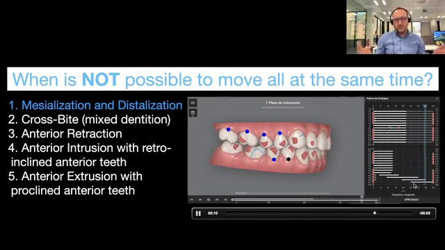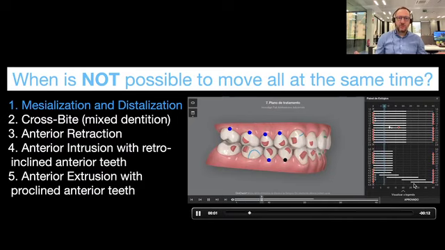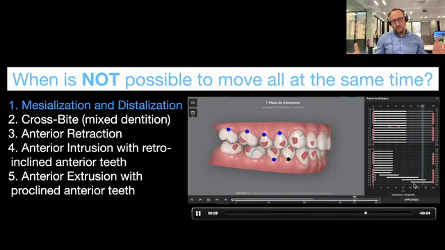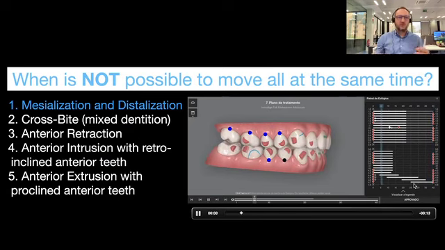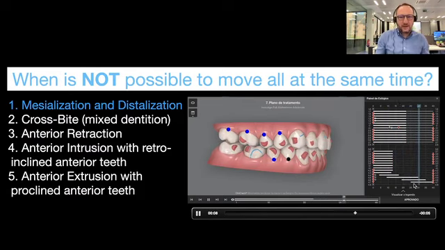Although it looks like a bad idea, it's going to be much more predictable, and it's actually going to happen in the end. Otherwise, if we try a magical solution moving everything else, it won't be predictable and it's not going to happen, and we will need to order additional aligners, and the treatment is going to be longer, right? So we need to understand when we need to order additional sequential movements.